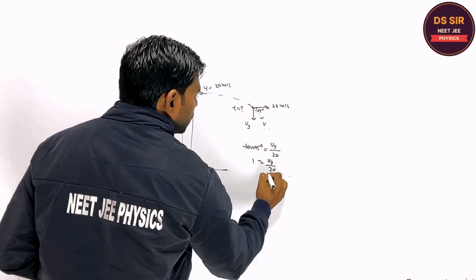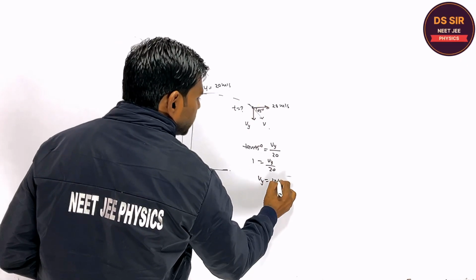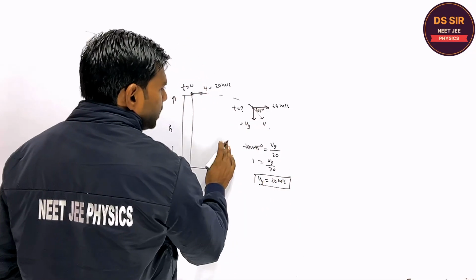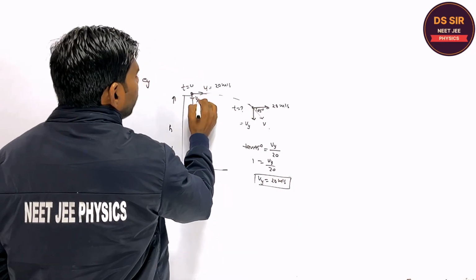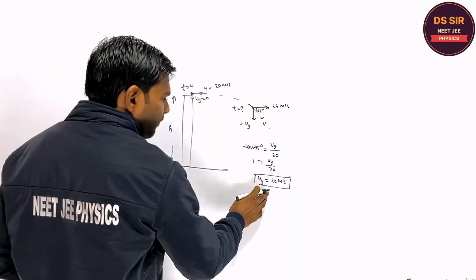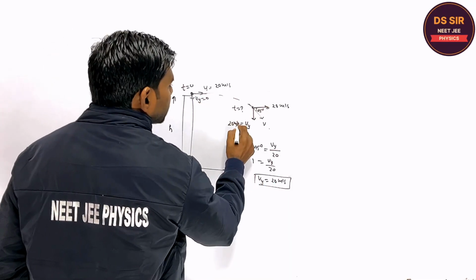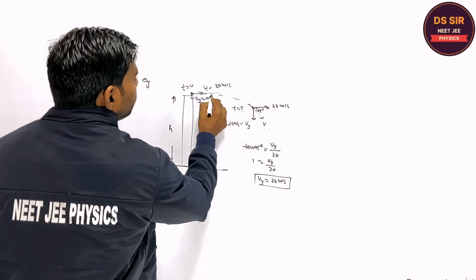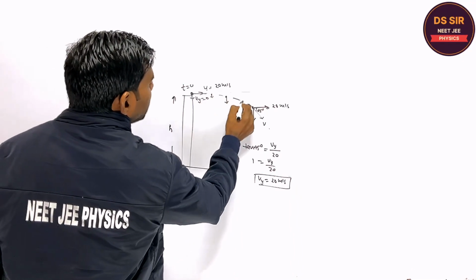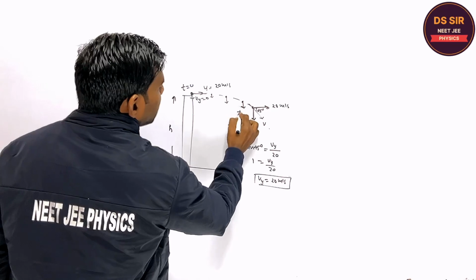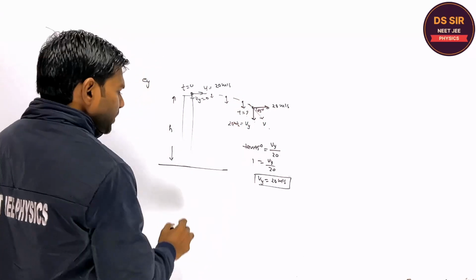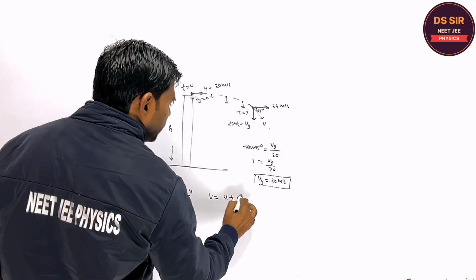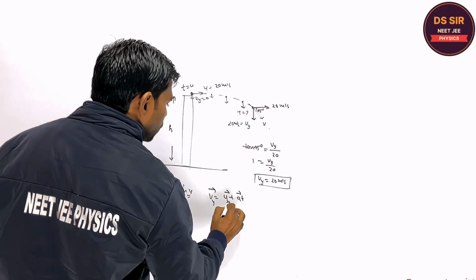Fine. So what is the vertical direction velocity? 20 meter per second. In the vertical direction, while it is 0 initially, after time t it becomes 20 meter per second. This velocity is continuously increasing, and at this time the velocity becomes 20 meter per second. So in y direction, v is equal to u plus at, you can apply.